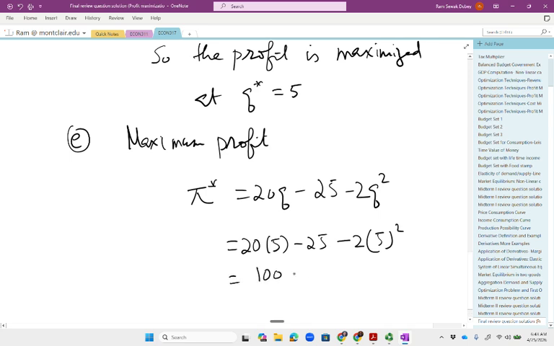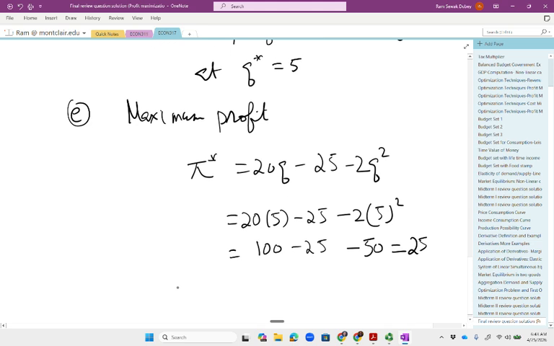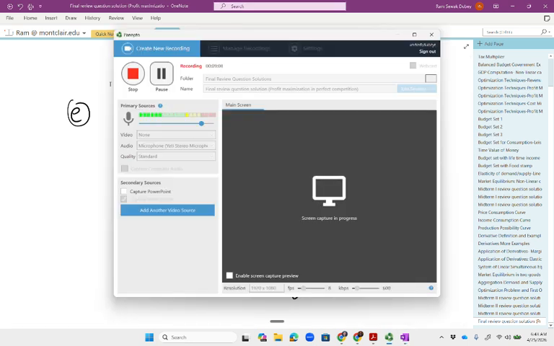The first term is 100, minus 25, minus 2 times 5 square, which is 25. So 2 times 25 is 50. And you can see 100 minus 75 turns out to be 25. So the solution is q star equal to 5, the output from sales, and pi star equal to 25, the profit the firm earns. And this is a good point to stop.